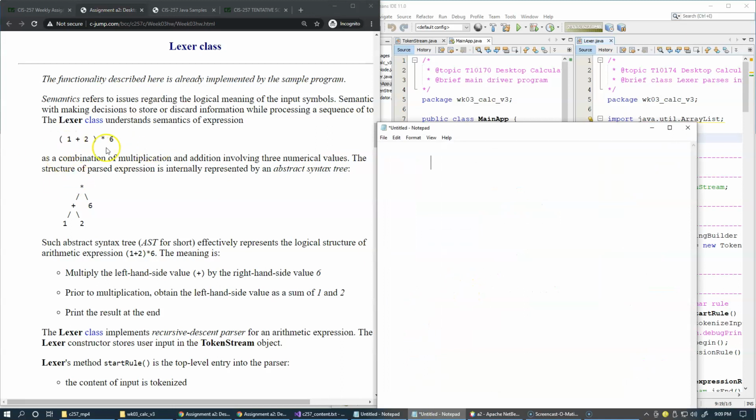So this same input, maybe we could say open 1 plus 2, close, multiply 6. Okay, maybe we could use some kind of different language to represent this logic, this expression.